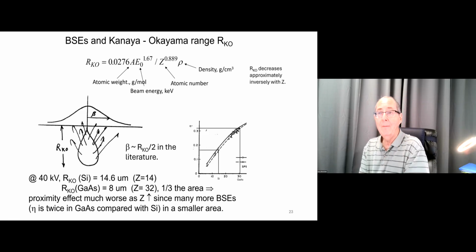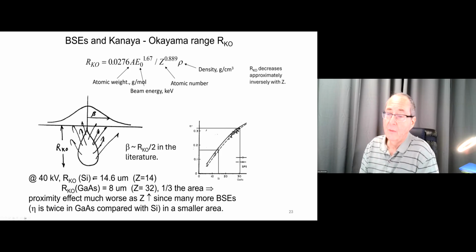So the density of those backscattered electrons goes up more like a factor of 4 than anything else. So proximity effects get much worse depending on the substrate that you're doing your exposure on.